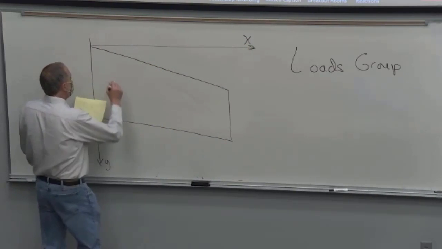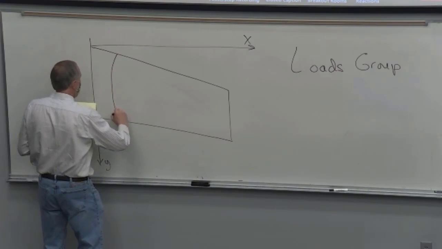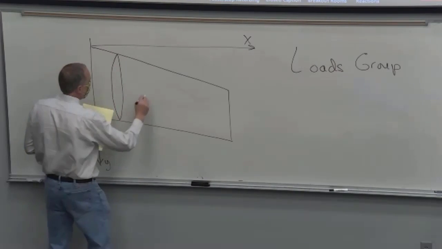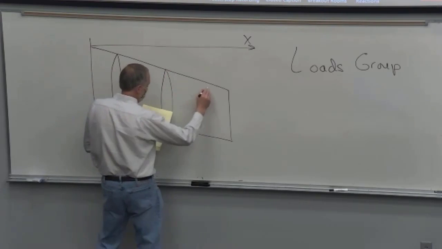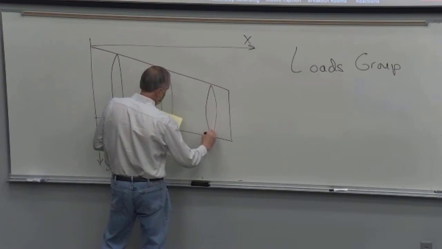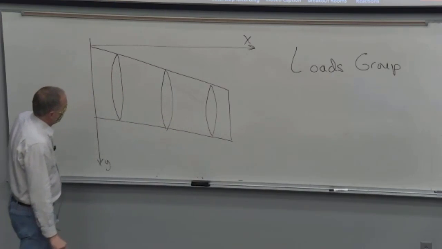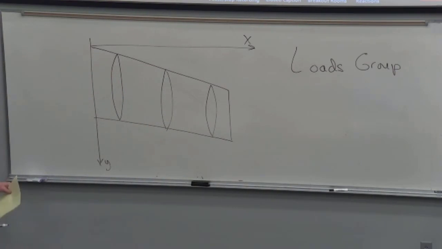So there's the wing, and it has cross sections that are airfoils. So I'll draw some of those in here. And in complete generality, we could have a different airfoil at each spot along the wing, each spanwise location. Typically, that's not always optimal.